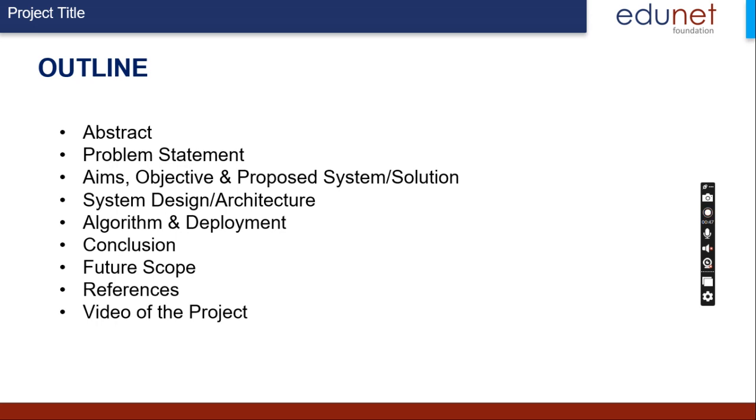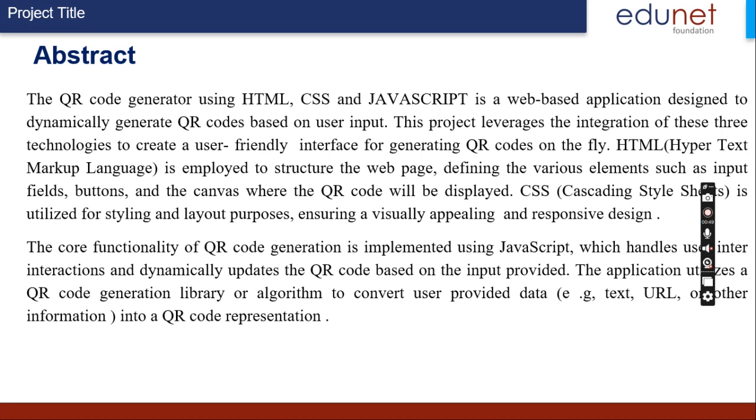This is the outline of my project. Generally, a QR code generator using HTML, CSS and JavaScript is a web-based application designed to dynamically generate QR codes based on user input.